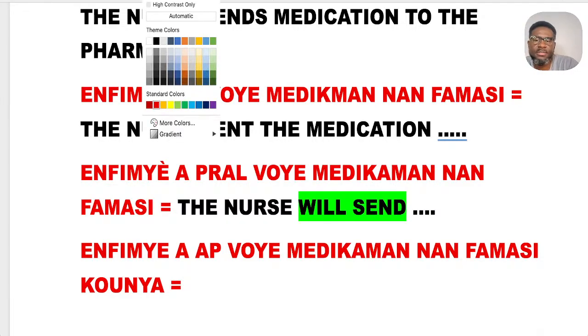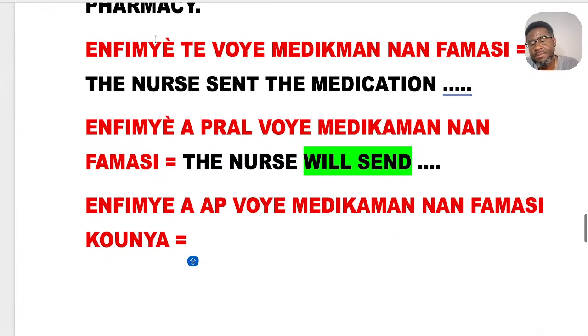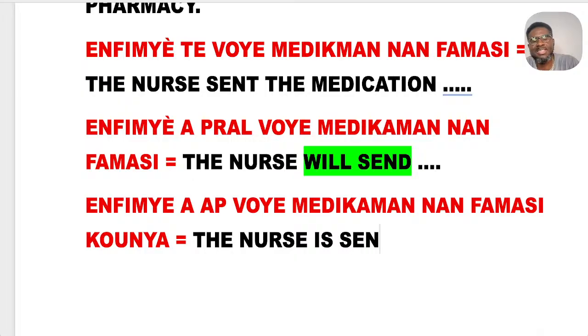So here, remember, li marche avec to be, et puis verbe blanc, ou ap toujours mette ing là-dedans. The nurse is sending. The nurse is sending. Okay, medication to the pharmacy. So nap continue. Okay, nap mette reste là.